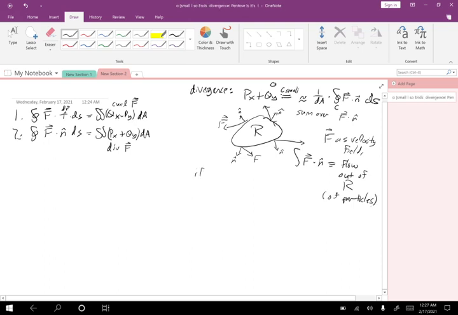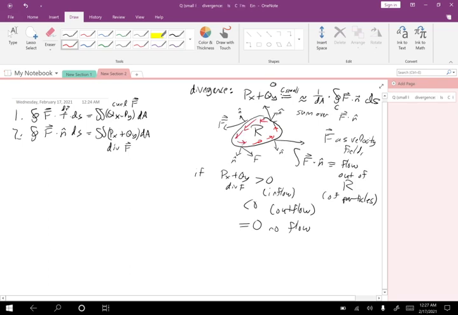And so if px plus qy is positive, there's an outflow. If it's negative, there's an inflow. Okay? And if it's 0, there is no flow. And so in the 0 case, let me just draw that in red. We actually have rotation of the vector field, and the particles do not escape the surface.